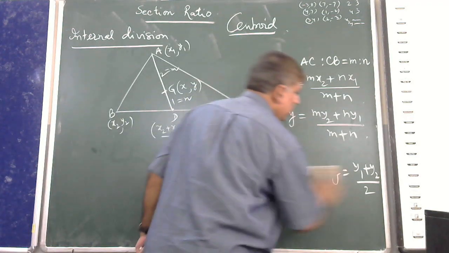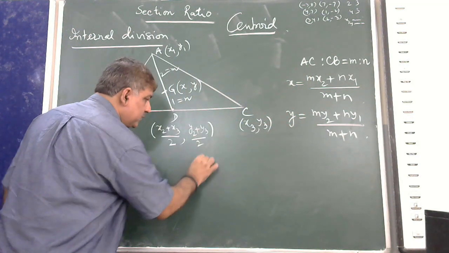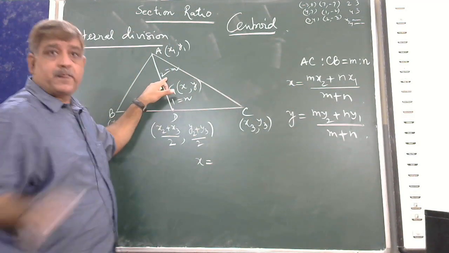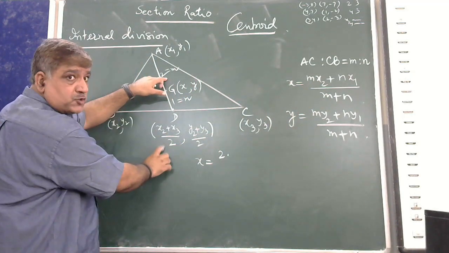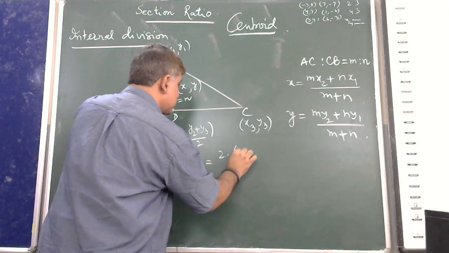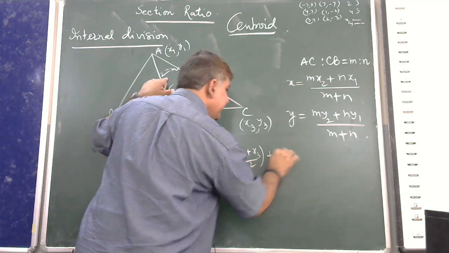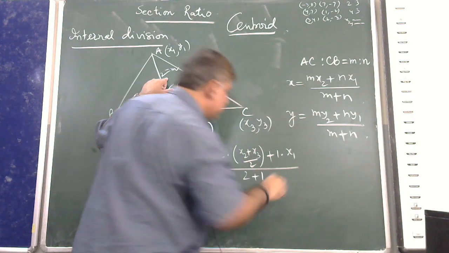For x, we write x is equal to n means 2 into x2, where x2 now is (x2 plus x3) by 2, plus 1 into x1, divided by 2 plus 1.